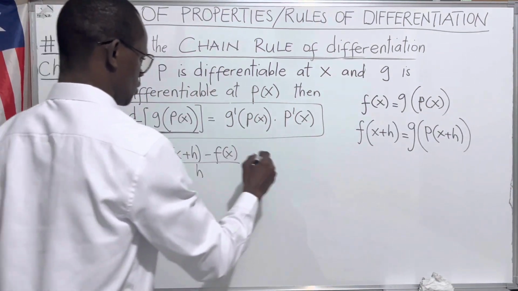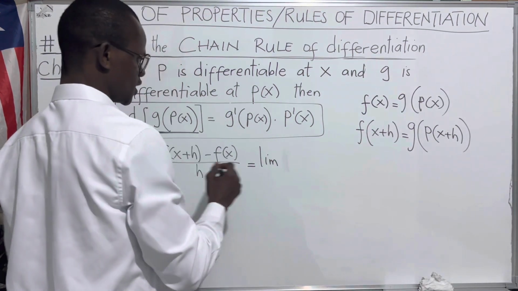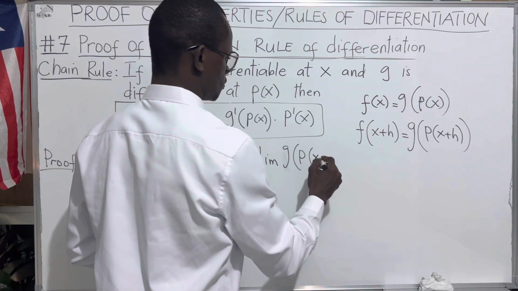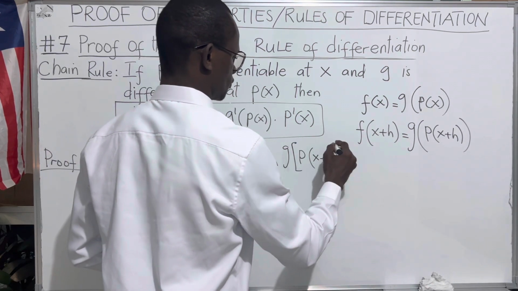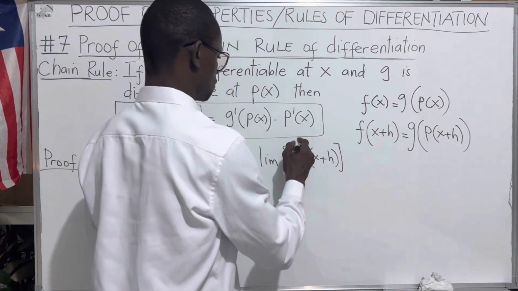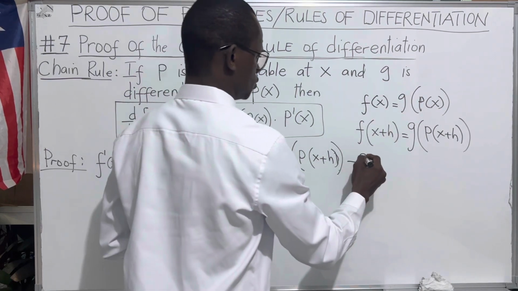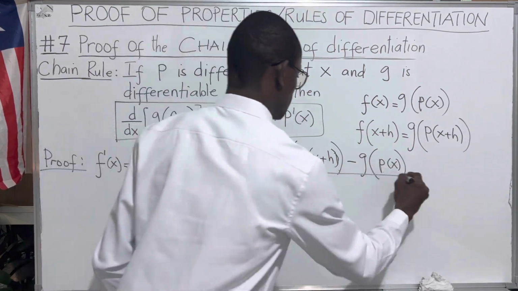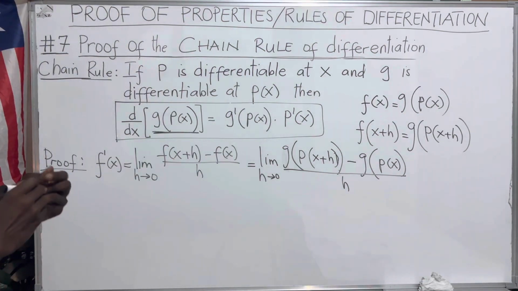So we have the limit of f of x plus h, which is just g of p of x plus h, and then minus g of p of x, divided by h, as h is approaching 0.